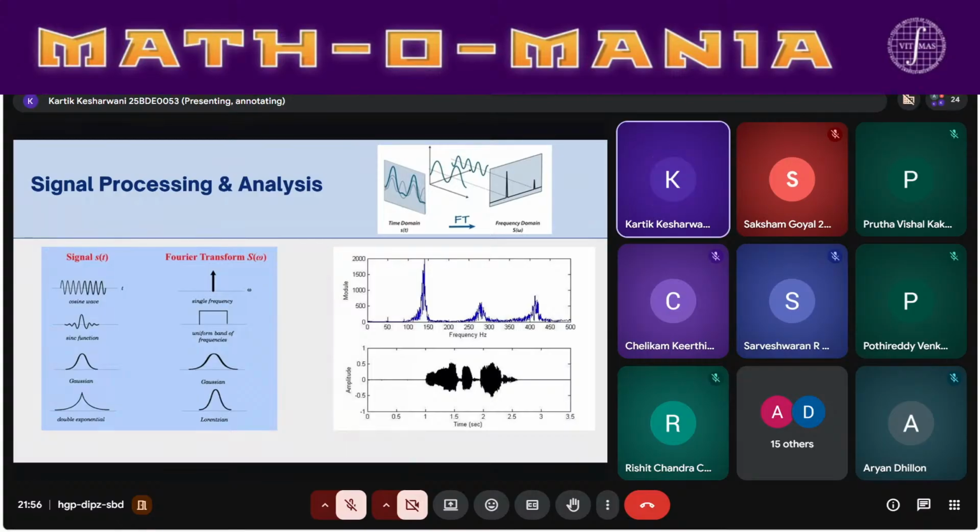As you can see in these few examples of signals being transformed using the Fourier transform, some cosine and sine functions are transformed into a single frequency or a uniform band of frequencies. But we cannot apply the Fourier transform directly in its continuous form when working on a computer, because computers cannot process continuous signals the way we do mathematically on paper.